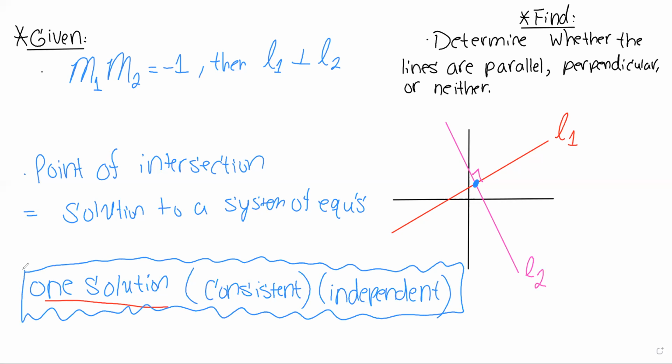Well, yeah, if it's neither parallel nor perpendicular, maybe it's the case that they do intersect at a point, so they do have one solution, but they don't intersect specifically at 90 degrees. So of course, there's many cases where the lines intersect at other angles, and so you would still have the same conclusion. One solution, which means consistent and independent in this case.